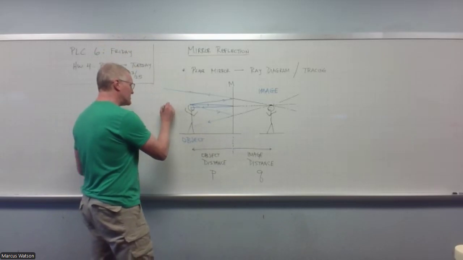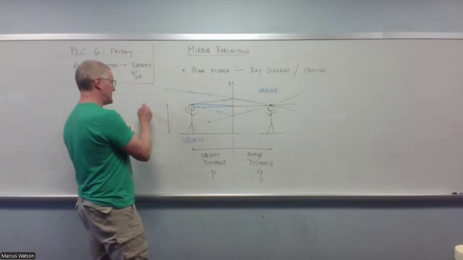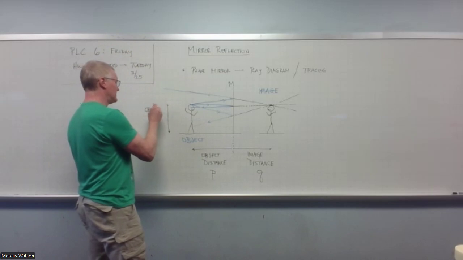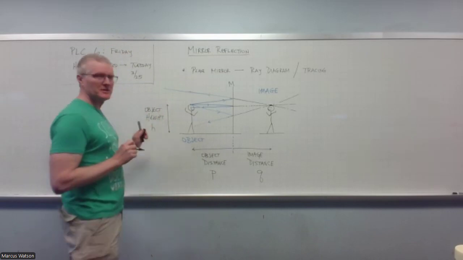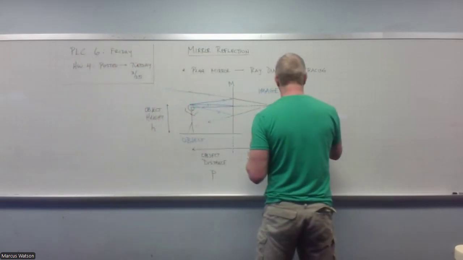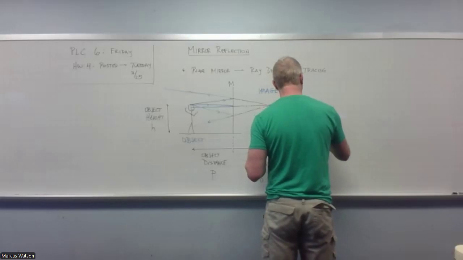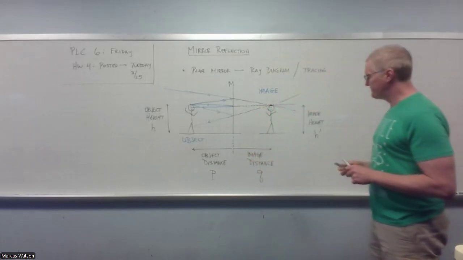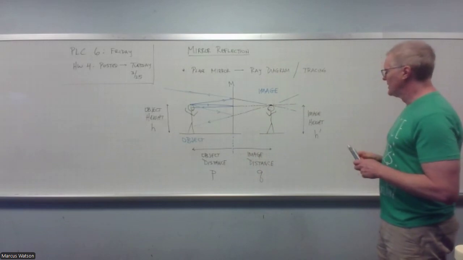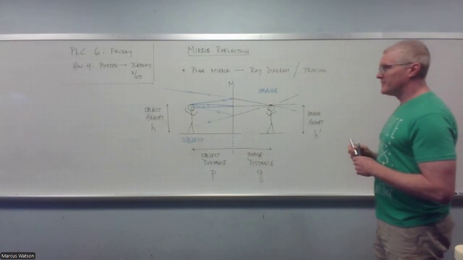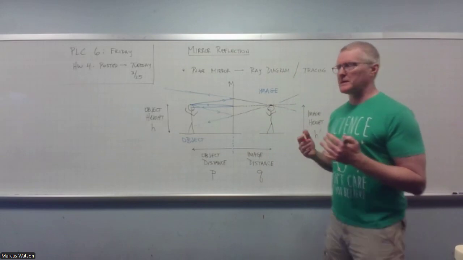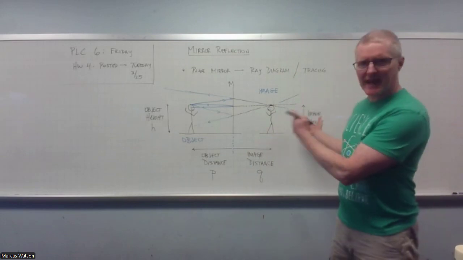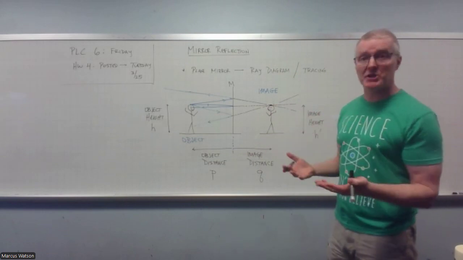The heights I mentioned already. The object height, we're going to call that H. We're going to call the image height H prime. And if we thought about the comparison of the heights, I'd be able to say, well, there's a magnification involved.